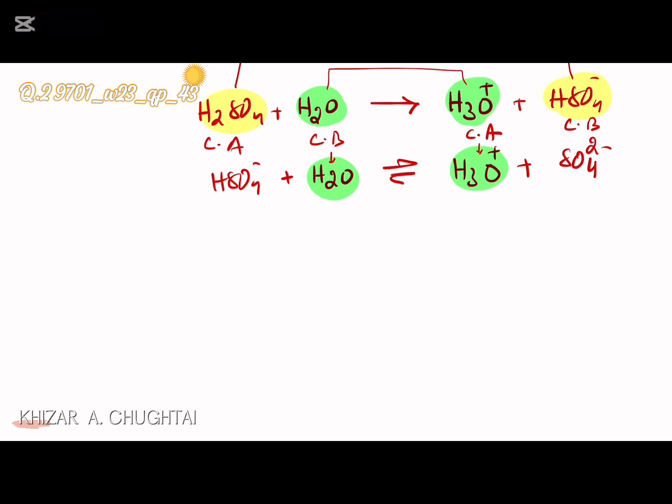Now in this next step, this HSO4- is in conjugation with the SO4 2- ion. So in this case, HSO4- is an acid because it has more H+ or less negative charge overall, and this is the conjugate base.